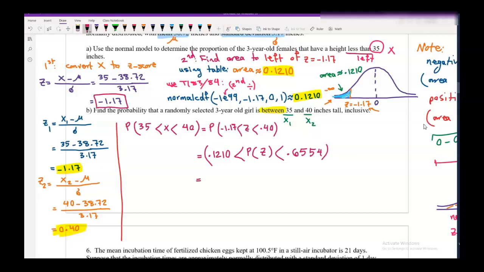So the answer is what we have on the right, 0.6554 minus 0.1210. Subtract. Our answer is 0.5344. So this is the answer using the table, and now we use the calculator.